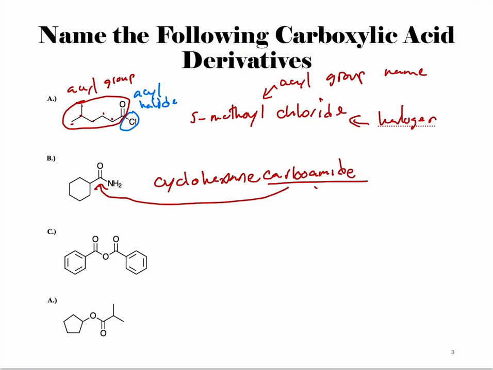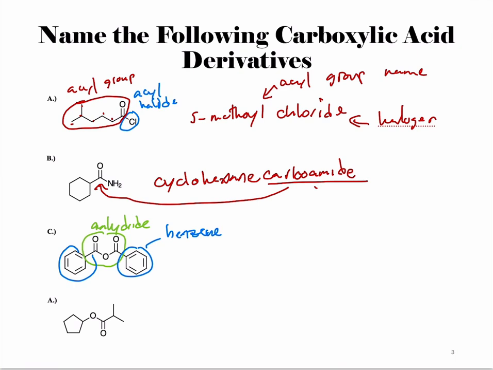All right, the next one, we see that this functional group right here is an anhydride. And both of the groups on the side are going to be benzene rings. We know when we name an anhydride, we replace the acid ending with just anhydride.